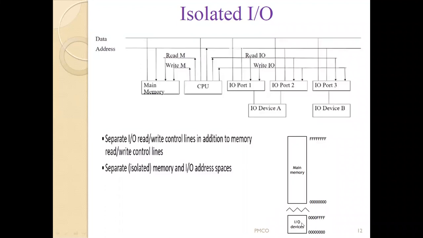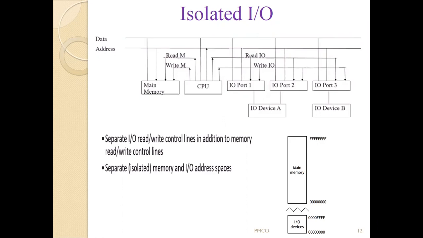So memory mapped I/O and isolated I/O are two complementary methods of performing input output between the CPU and the peripheral devices.